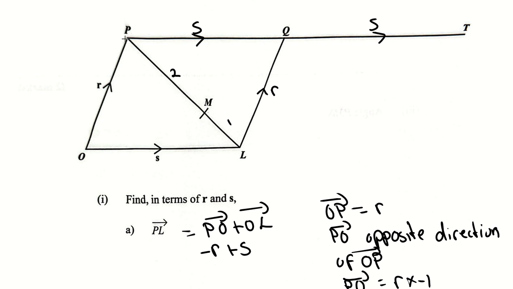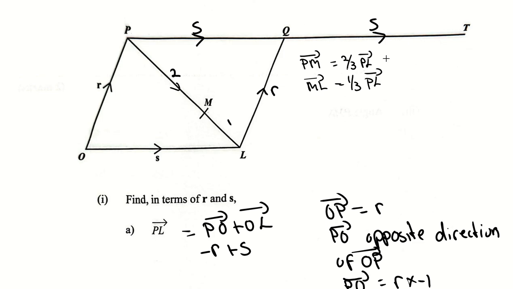So we know that PM would be 2 out of 3 parts of PL. Again, you have to make sure that they are in the same direction. Then we also know that ML will be 1/3 of PL.